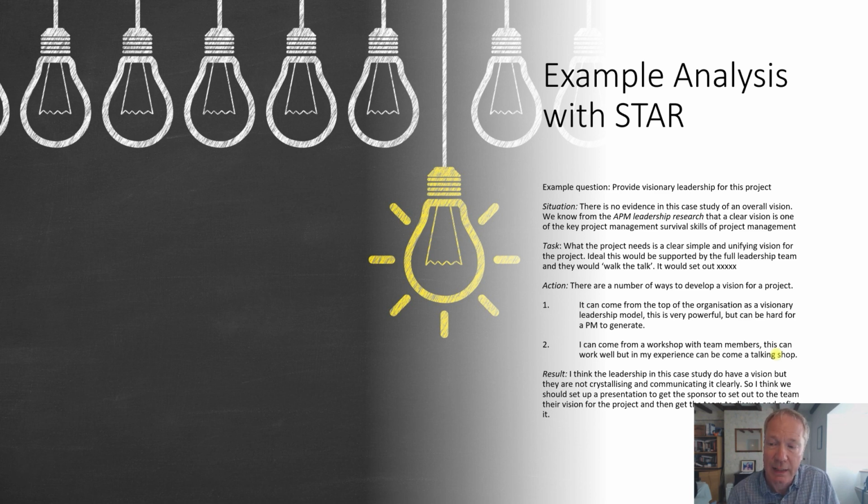So the task is to generate a simple, clear, unifying vision for the project. And ideally, we want the full leadership team to walk the talk. So how do we achieve that? Well, the action, there's a couple of ways in which we could do that.